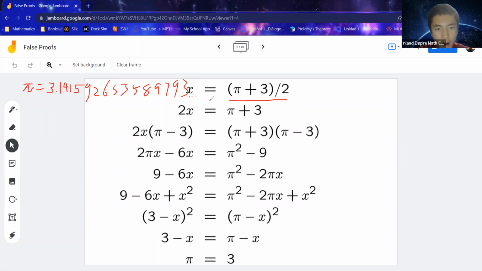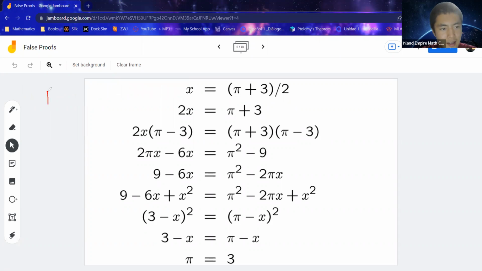So the digits are all random. If you want to learn more, you can do a little Google search later. It's spelled like apple pie without the E. But anyways, we start by defining x equals (pi plus 3) over 2.